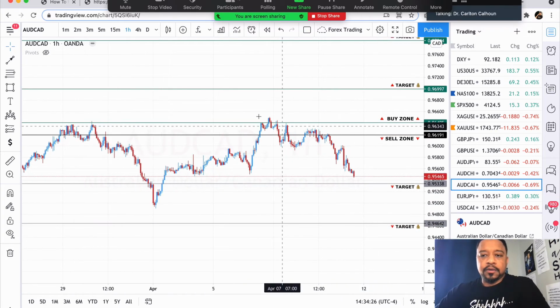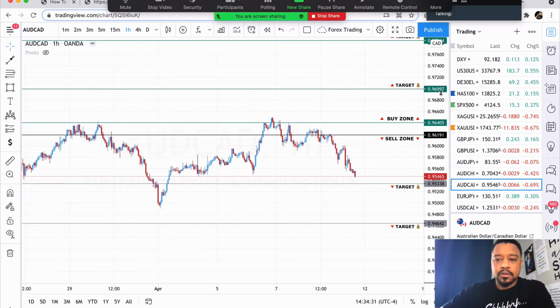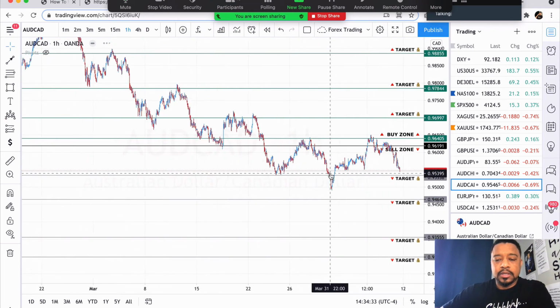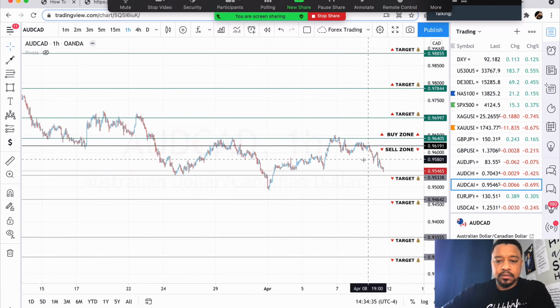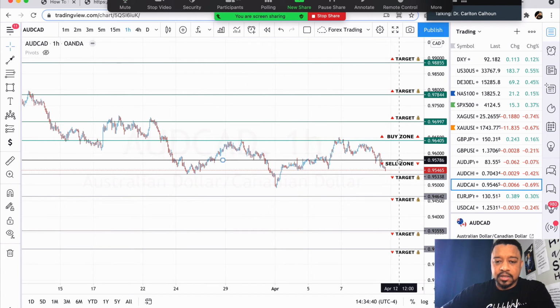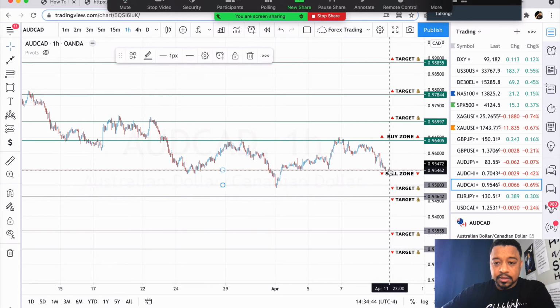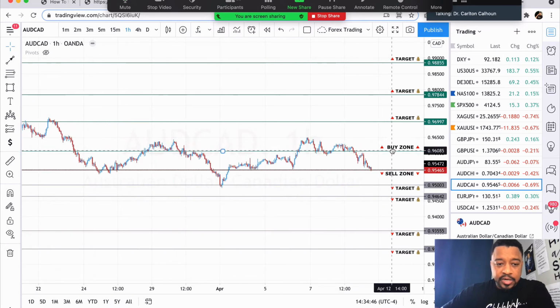On the way to the target from the sell zone. I think that's going to keep going. So I'll leave it as it is. I'll change the targets right there. Buy zone now.